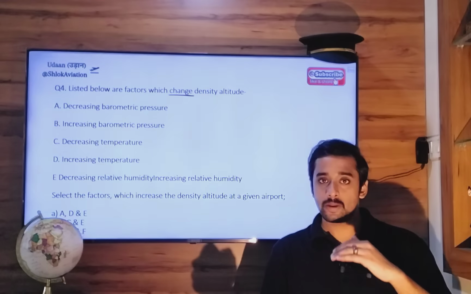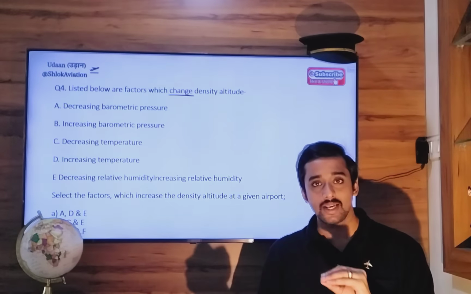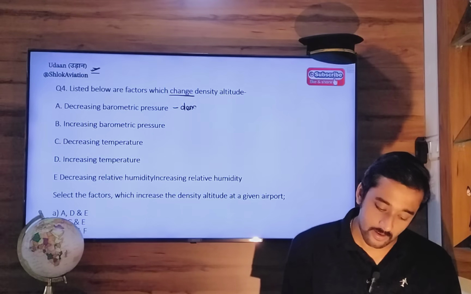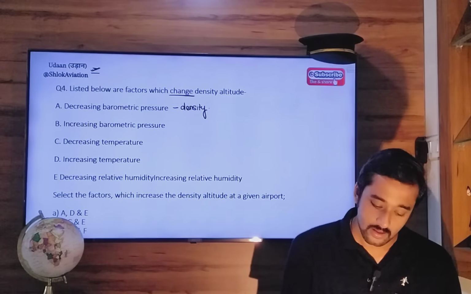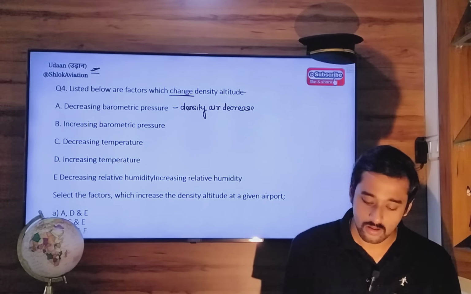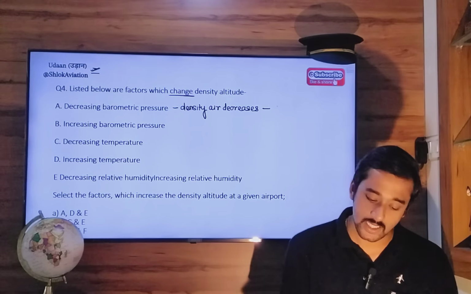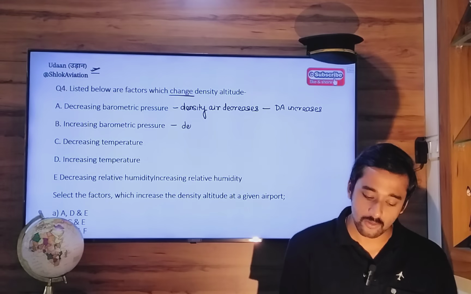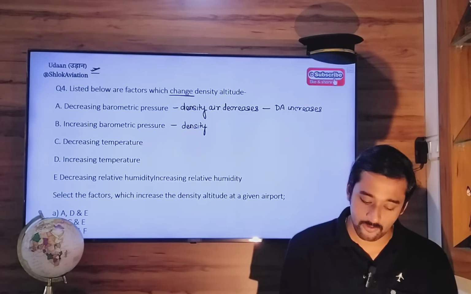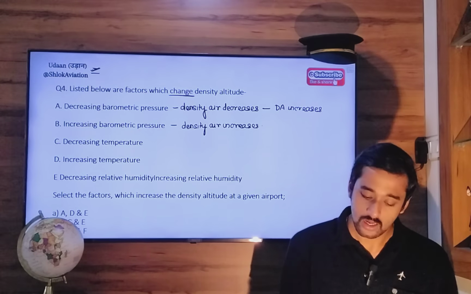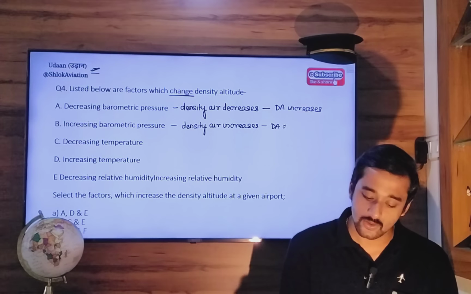Now, decreasing barometric pressure. Whenever atmospheric pressure decreases, density of air decreases. When density of air decreases, density altitude increases. Increasing barometric pressure. Whenever atmospheric pressure increases, density of air increases. Density altitude in that case will decrease.